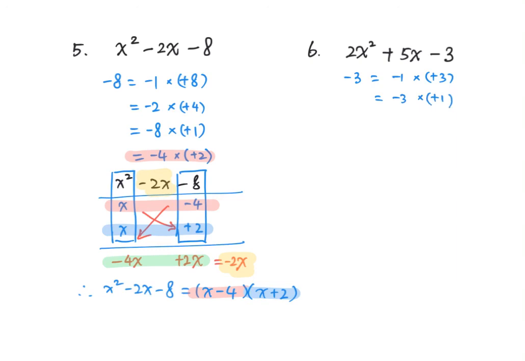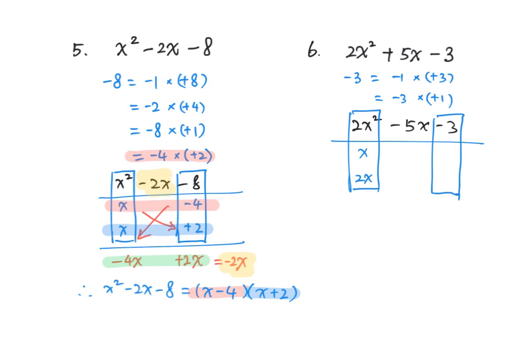So for this question, 2x squared plus 5x minus 3, we try to use the cross method. For the first term, 2x squared can be factorized as x times 2x. And for negative 3, we choose negative 3 times positive 1, which is the second way.